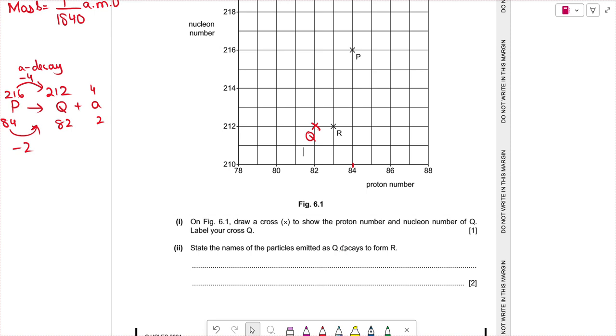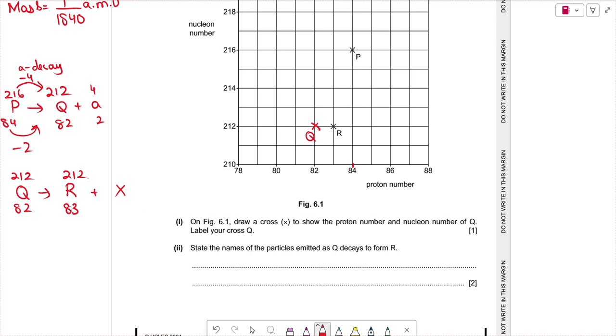State the name of the particle emitted as Q decays to form R. So when Q decays to form R, let's write down the equation. Q has a proton number and mass number of 82 and 212, and R has a proton number and the mass number of 83 and 212. So there's a particle X. We don't know which particle this is, but we do know one thing, that the sum of proton number on the right side should always be equal to the sum of proton number on the left.